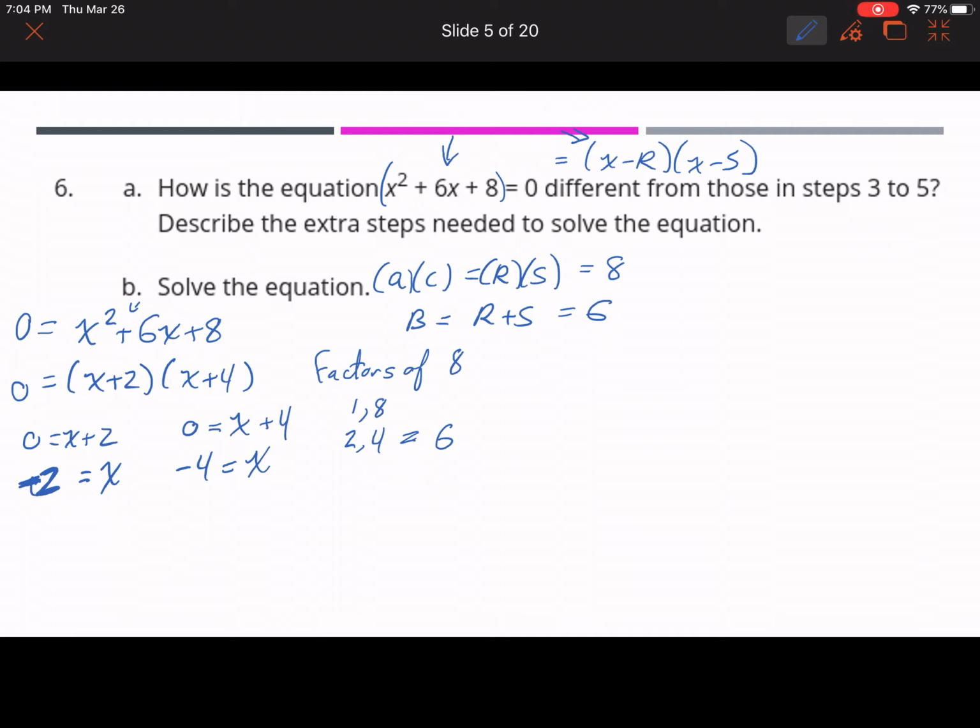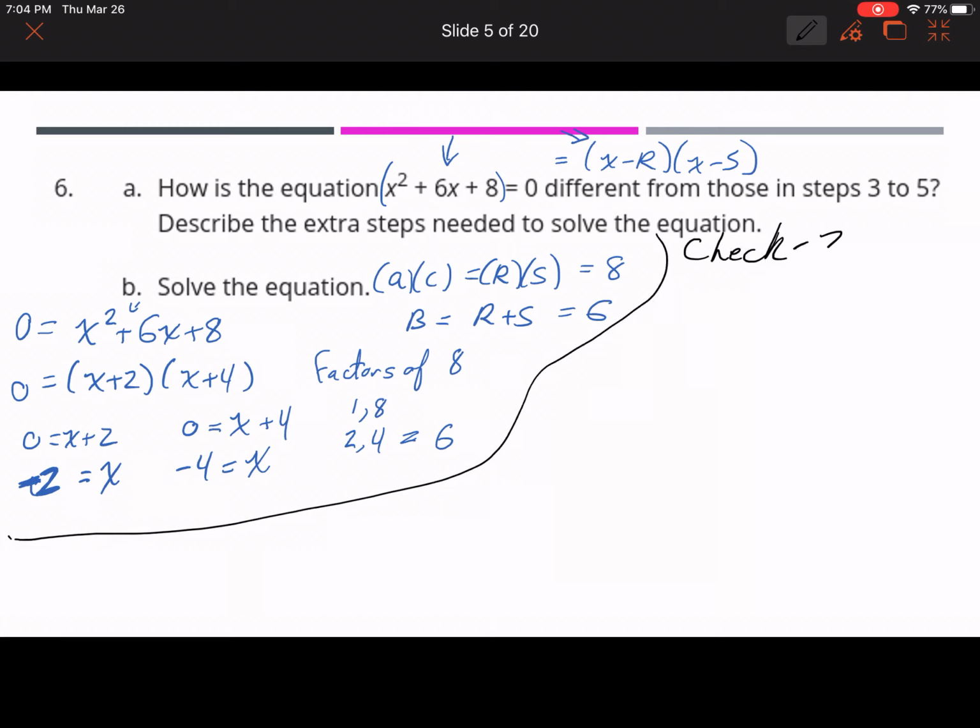So now we've got -2 and -4 as our possible x's. Let's check them. Let's put them back into the original formulas.